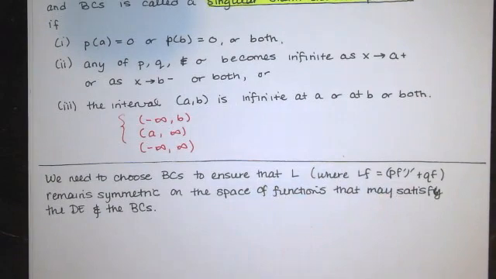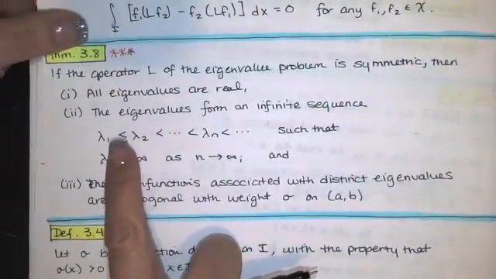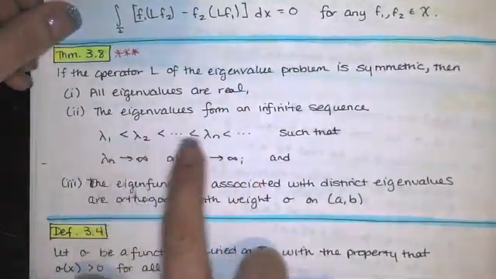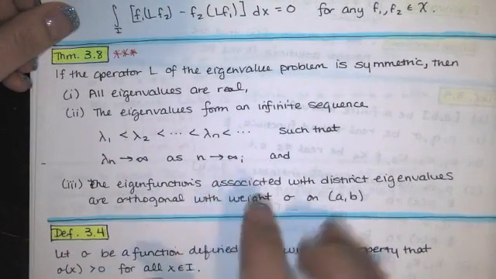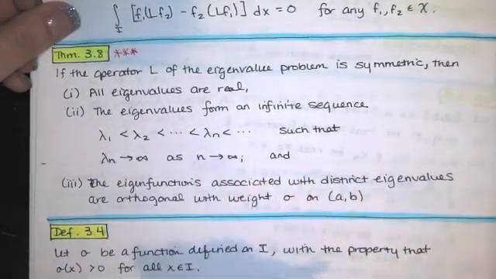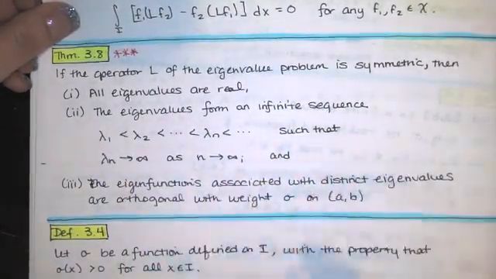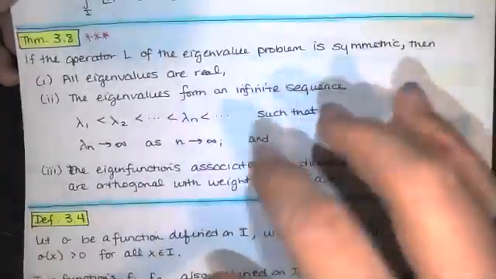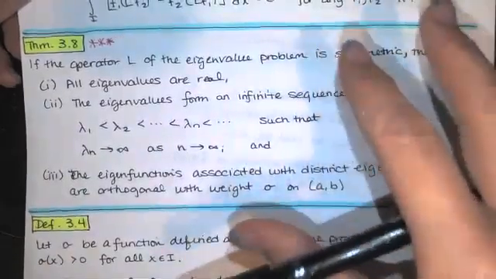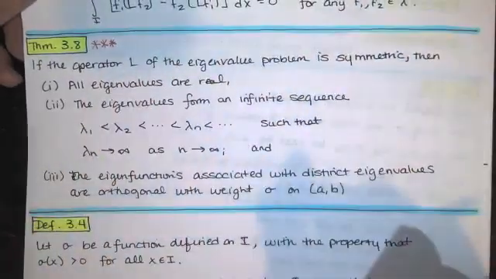We want that operator to be symmetric so that we know we'll have infinitely many eigenvalues forming an infinite sequence that's increasing. The eigenvalues will go to infinity as n goes to infinity. And the eigenfunctions that go with those eigenvalues, we want them to be orthogonal with weight sigma on the interval of interest. In order for all of this to happen, we need the operator to be symmetric.